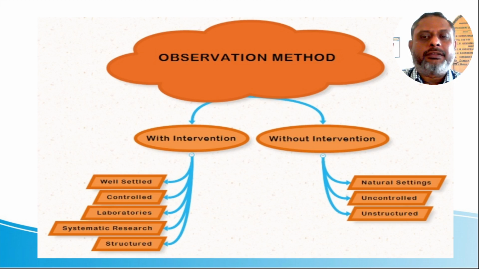Under observation method, broadly we have two ways. One is with intervention and one without intervention. With intervention means the situation is being intervened by the one who is observing. Here the situation is well settled.